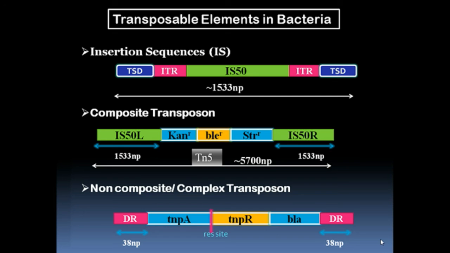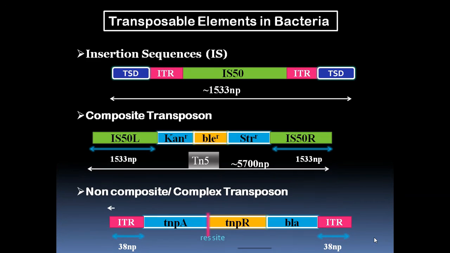Now, besides providing the resistance gene and their transposition, it has a res site to which the transposase enzyme acts and carries out the process of transposition. The commonest example is that of Tn3, which has a length of 4957 nucleotide pairs and is one of the most important complex transposons.